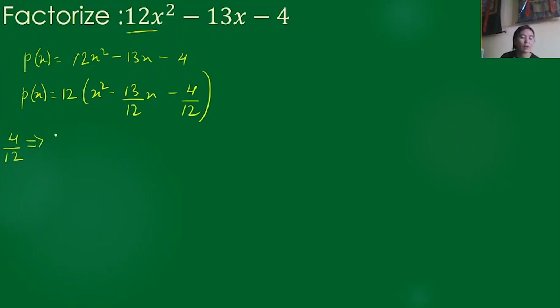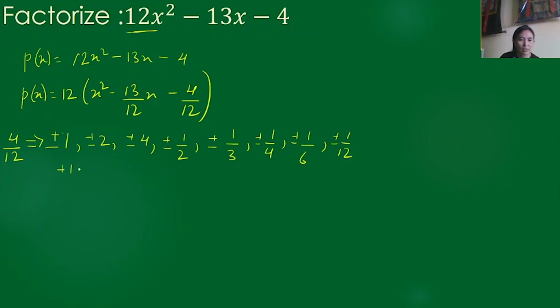So the factors of 4 by 12 are plus or minus 1, plus or minus 2, plus or minus 4, plus or minus 1 by 2, plus or minus 1 by 3, plus or minus 1 by 4, plus or minus 1 by 6, plus or minus 1 by 12, and we have plus or minus 2 by 3, all the rest are already given here, plus or minus 4 by 3, and plus or minus 4 by 6 is 2 by 3, already given here. 4 by 12 is 1 by 3, already given here.